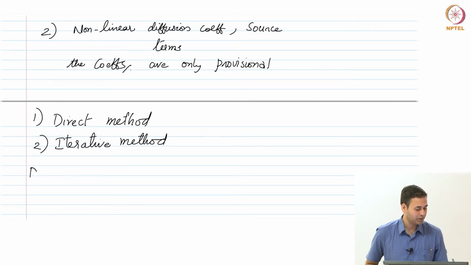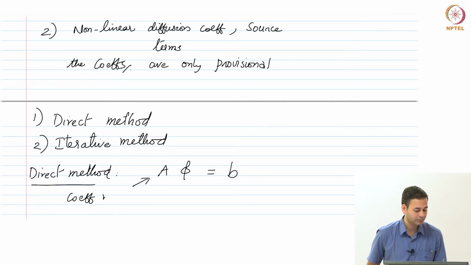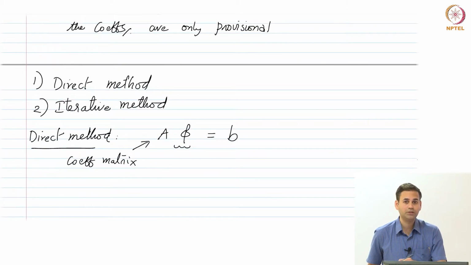So, in the direct method, once you assemble these equations, you have a system of linear equations that we can write as A phi equals B, right, where A is the coefficient matrix, and phi is the vector of unknowns, that is what we set out to solve.